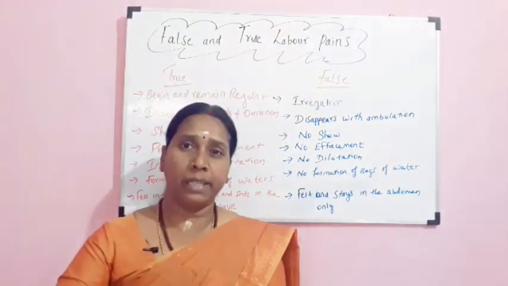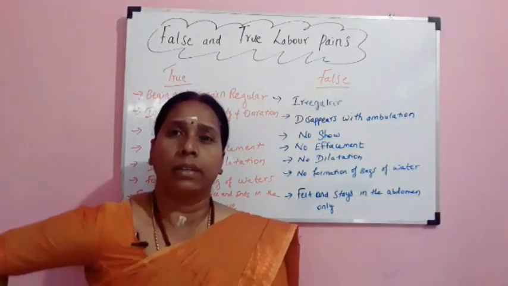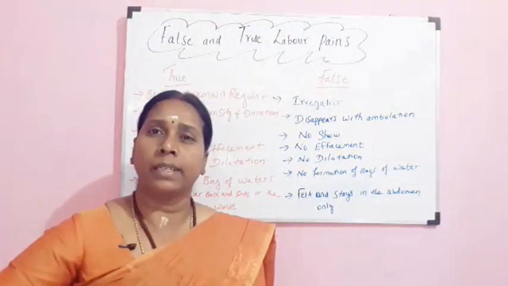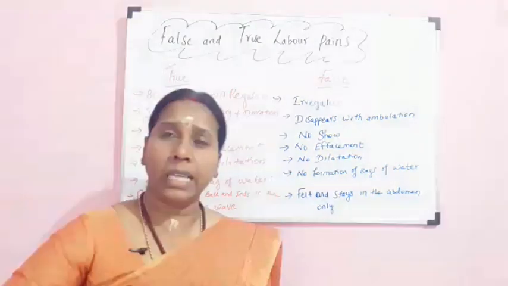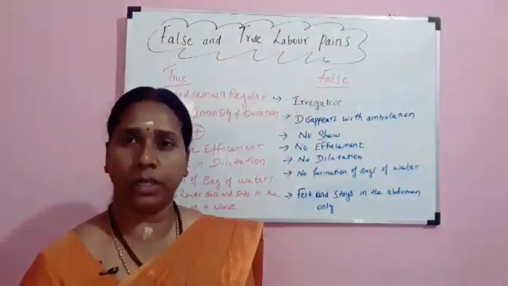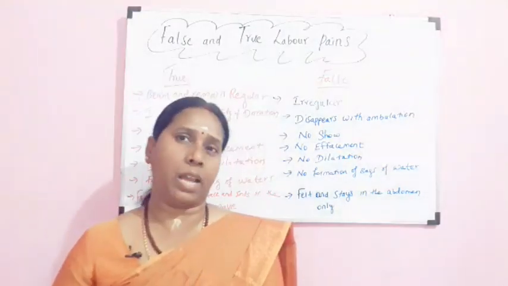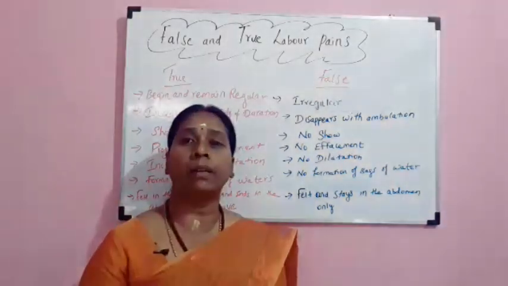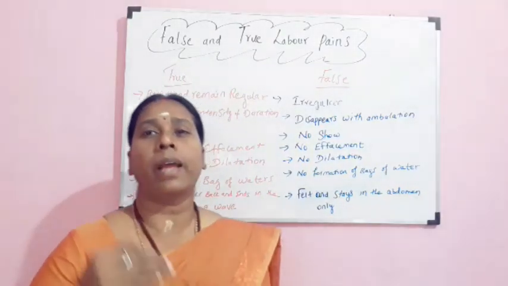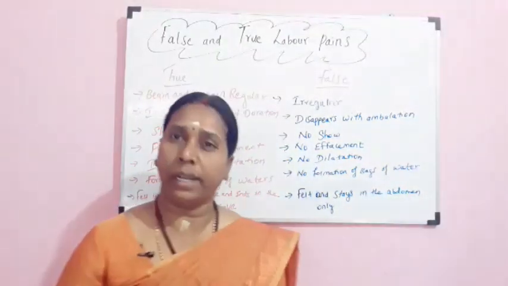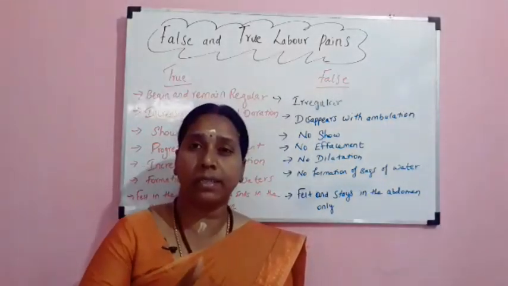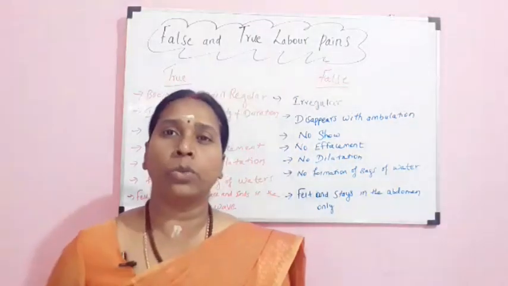It begins at the lower back, spreads through the fundus, enters the abdomen, stays over the abdomen, comes down near the lower uterine segment and vanishes. The pain becomes more severe and intense day by day, that is, over hours it is going to increase.